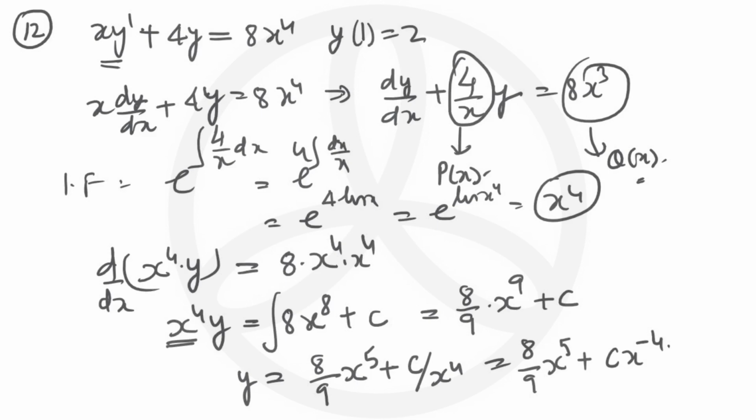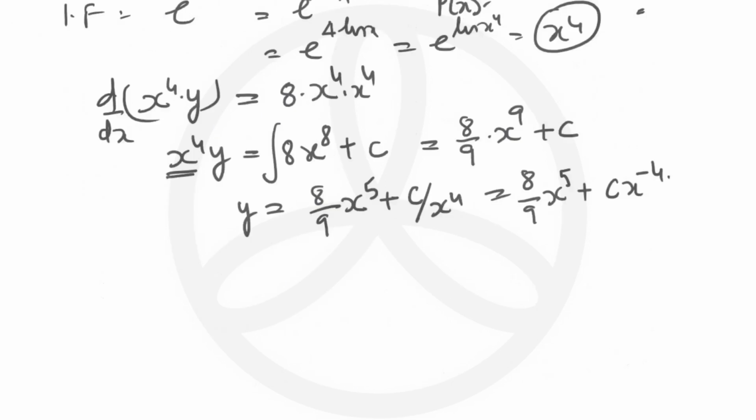Since this is an initial value problem, we need to solve it. The initial value says that at x is equal to 1, y is equal to 2. So we substitute x is equal to 1 at these places, and we will get 2 equals 8/9 times 1 to the power 5 plus c times 1 to the power minus 4.